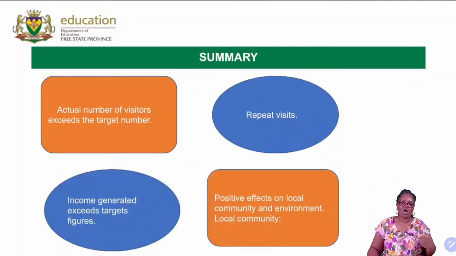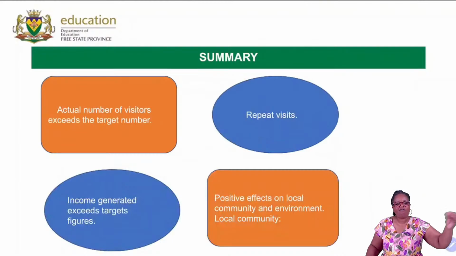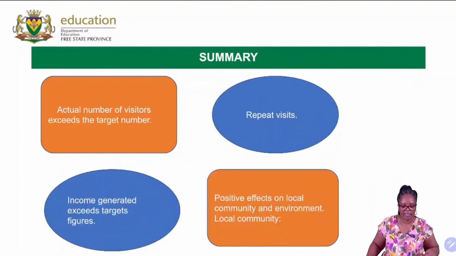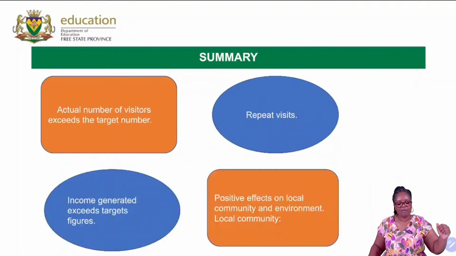Then we did talk about the characteristics that show that when you look at the attraction, you can see that it is a successful one. We talk about they have more people visiting the area than what they expected. And we said that people will be coming again. We talk about repeat business.